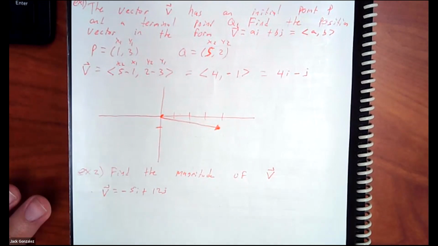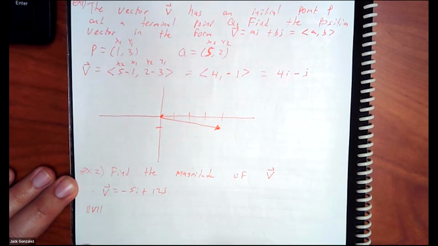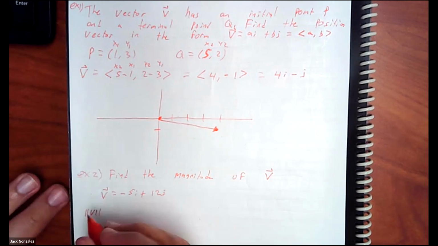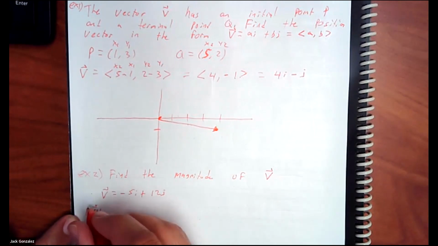So the formula for magnitude and the symbol is this. It's like a little double absolute value. The book might use a bold V, depends. So 2 lines means magnitude.